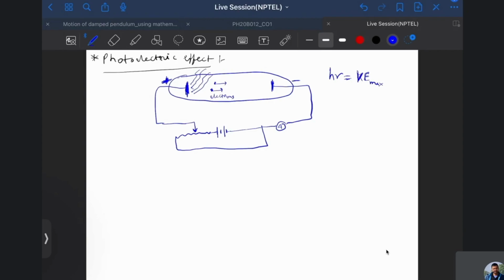To break away from the metal, some energy is required, and that energy is called the work function of the metal, and it's given by phi. Okay, so this is the equation of photoelectric effect, correct?